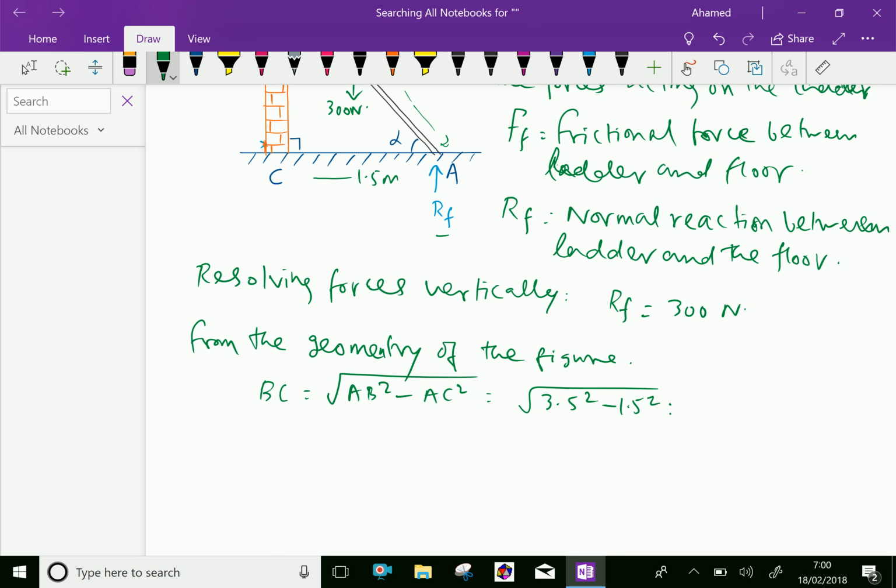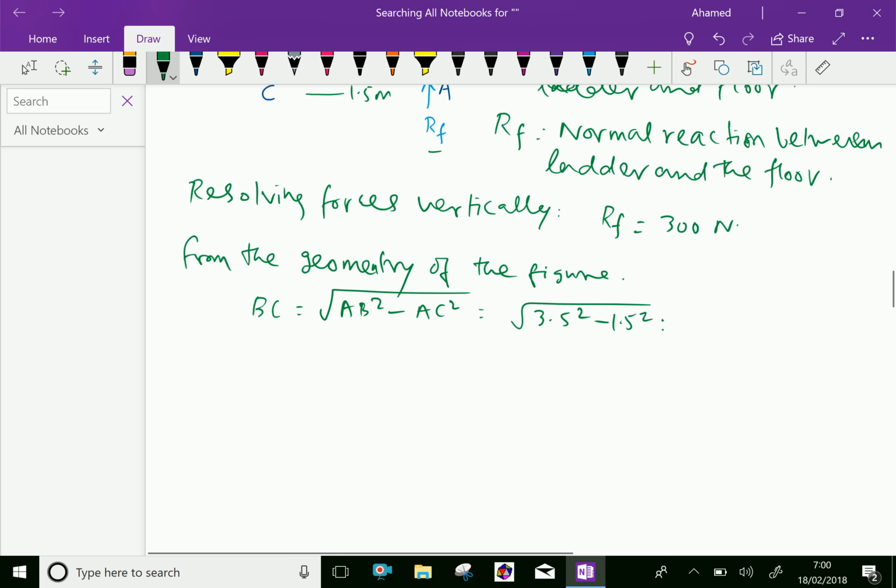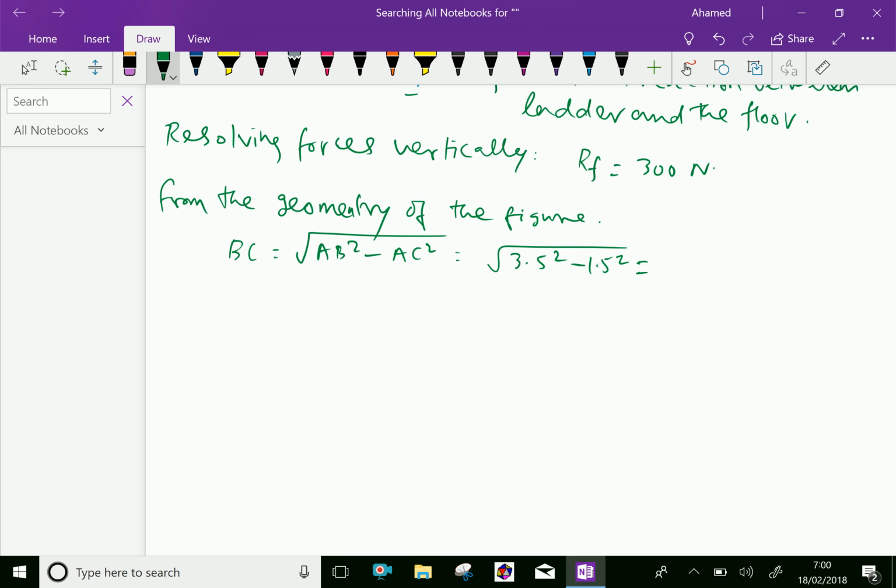Let us calculate this. Square root of 3.5 square minus 1.5 square equals 3.162 meter.